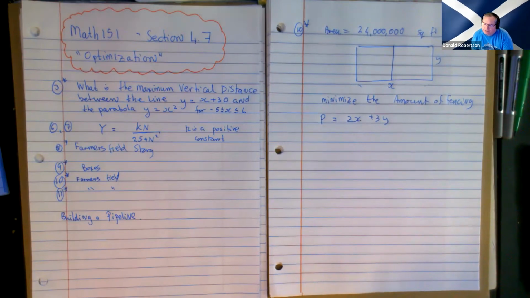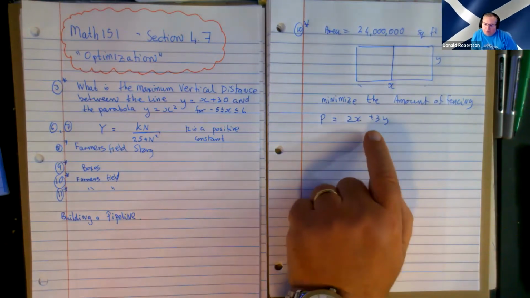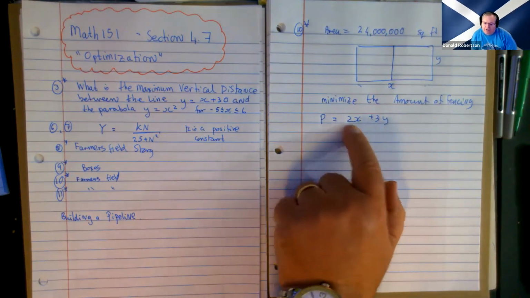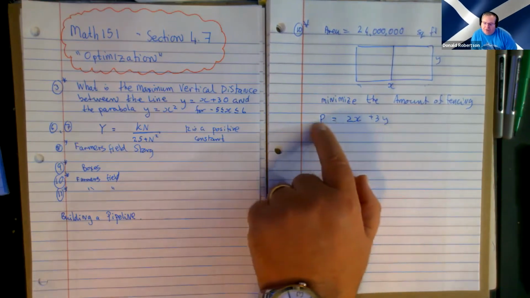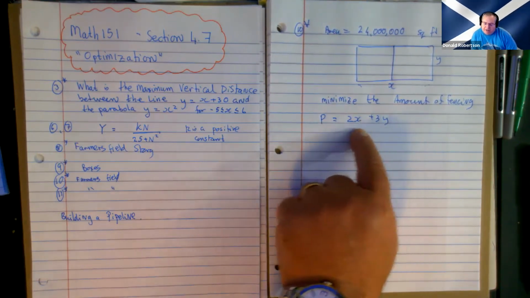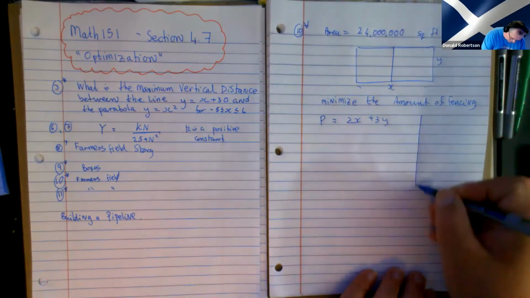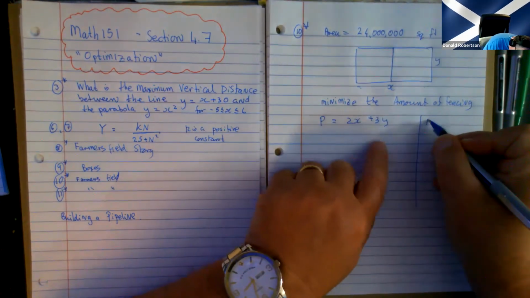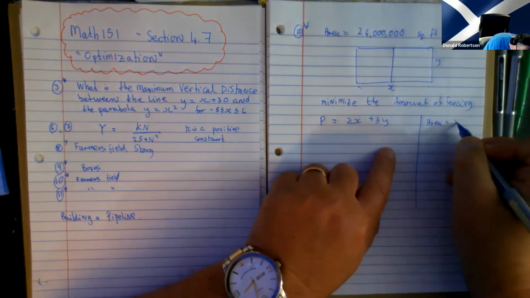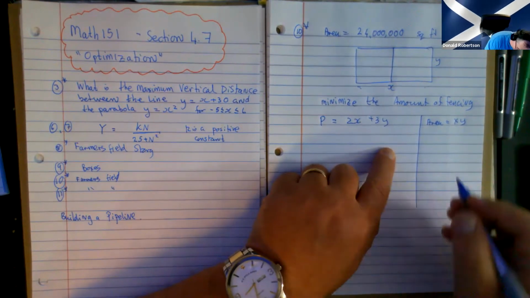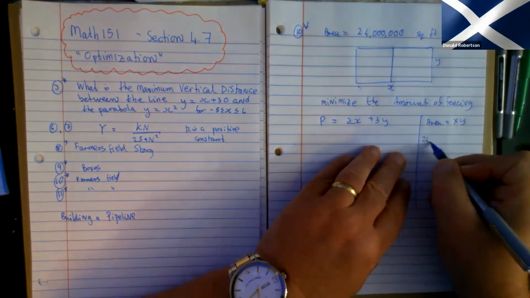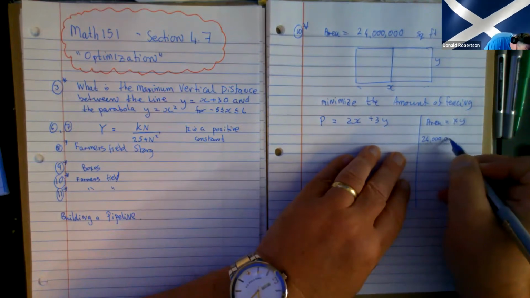So far, so good. Now I need to find out what Y is in terms of X, because my optimization function, which is this guy, needs X's. So what do I know? Well, I know the area of this rectangle is X times Y. I know that the area is the ridiculously big number of 24 million.